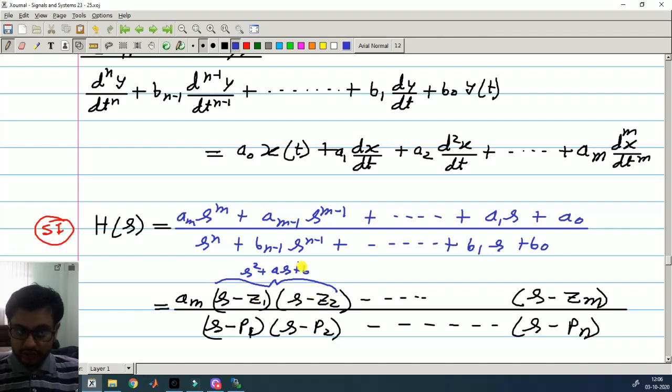But if they are not, A and B can be complex numbers.